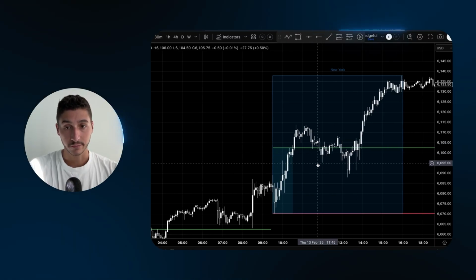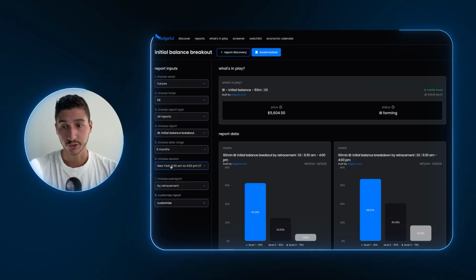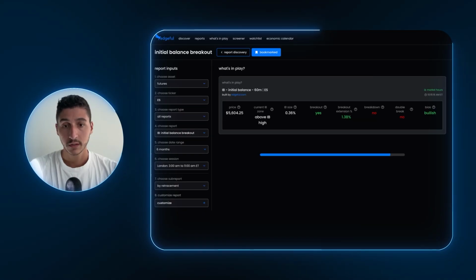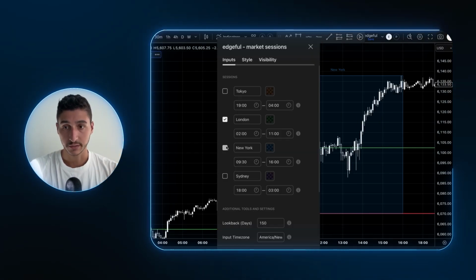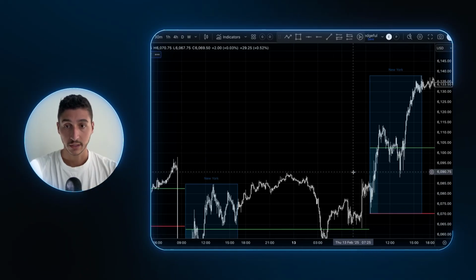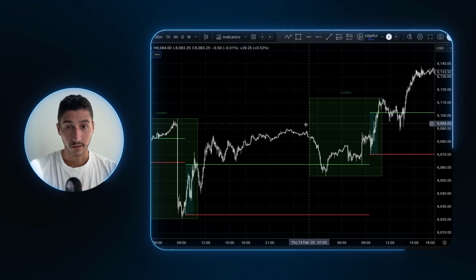So let's say you want to look at London here and you switch over here to London. Then what you need to do is go to your settings and turn on the London session for the market session so you can see the correct outline of the London session.